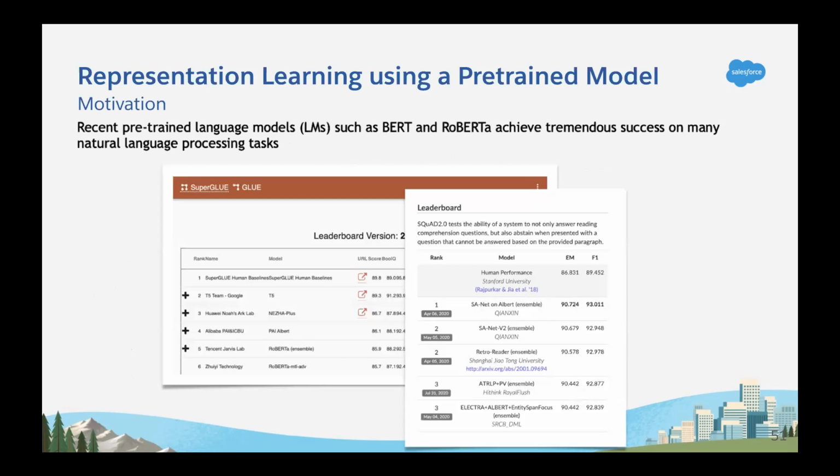Why we do it is because recently pre-trained language models such as BERT, RoBERTa, T5, and BART have achieved great success on many NLP tasks like the GLUE dataset, different classification problems, question answering, summarization, machine translation, dialogue, and so on.